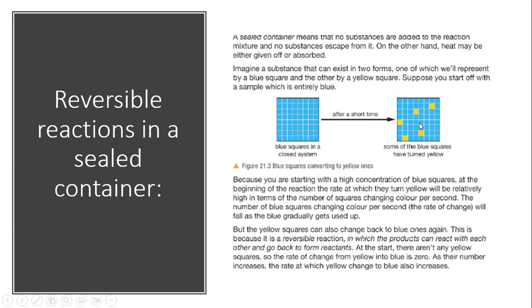Let's say initially you had 0 yellow squares, and then you got 5 yellow squares, and then you got 10 yellow squares, and eventually as the yellow squares increase, they will start to turn back into blue squares.